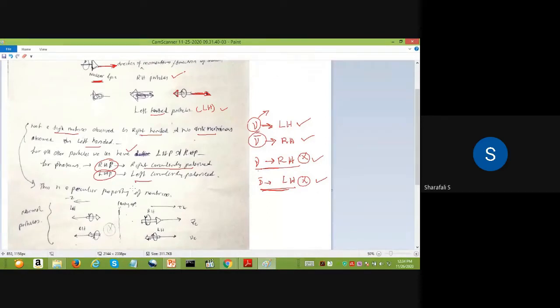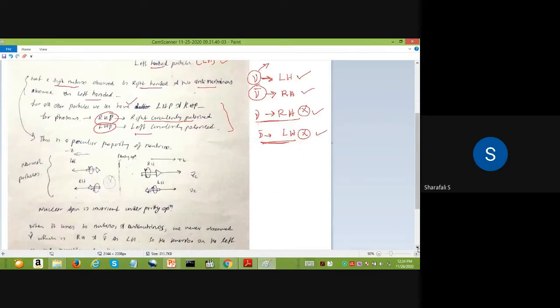When photons become right-handed, they are right circularly polarized, and when they are left circularly polarized, they are called left-handed photons. Okay, so that is just mentioning some other cases for other particles that we can use these left-handedness and right-handedness.